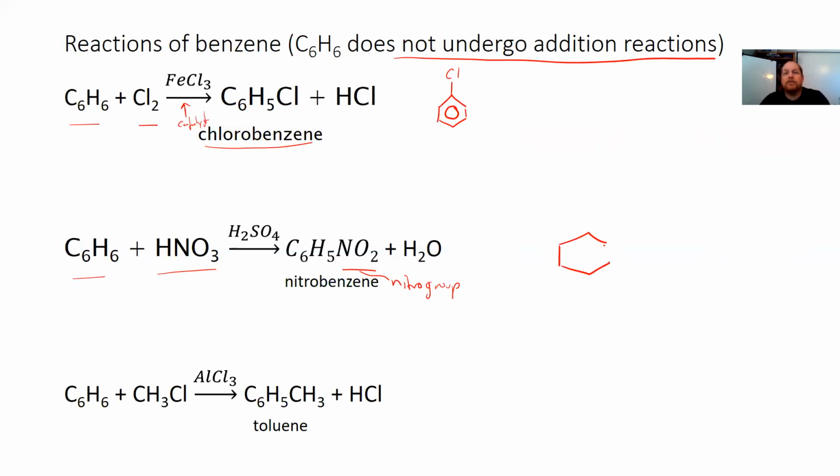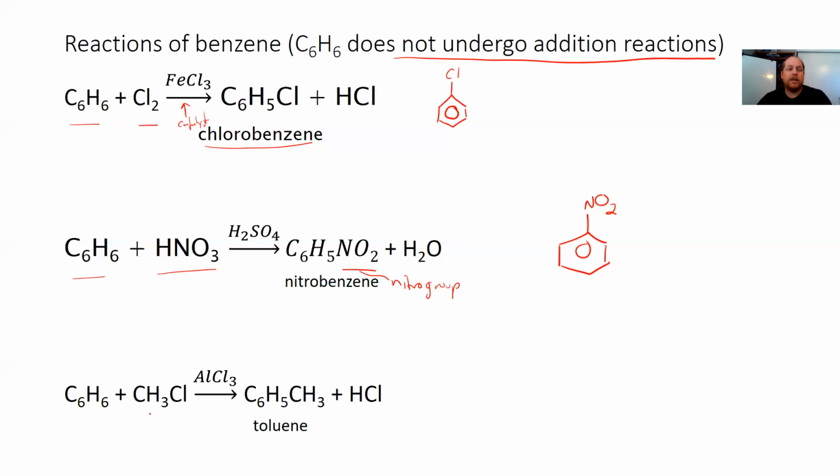Again, you can draw out the structure. We can worry about that later. We're going to see nitrobenzene a little later if we get to a compound with more substituents than just the nitro group. But anytime you see an NO2, that is a nitro group, and it's bonded to the benzene ring through the nitrogen.